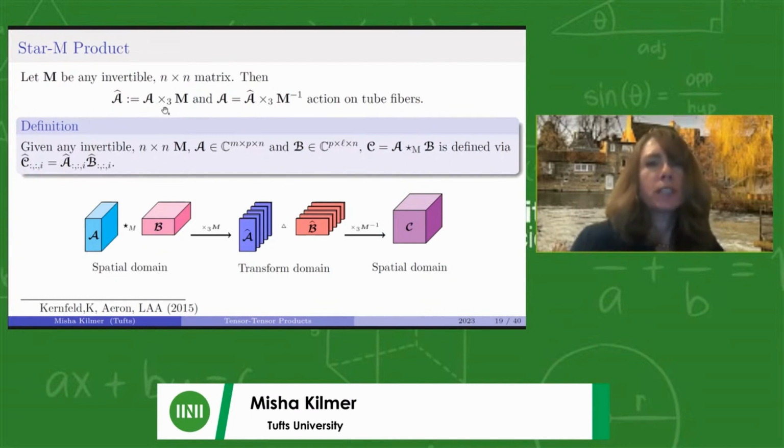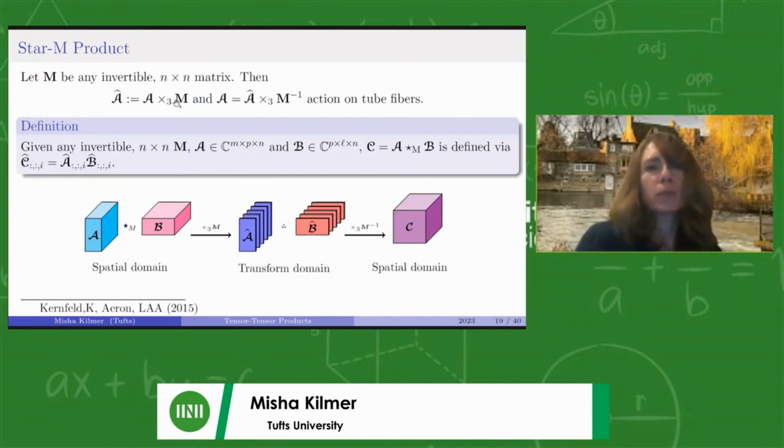So this notation with the times and the 3 subscript, that's called a mode 3 product. And what it means, although we compute it differently in practice, but mathematically, the way you can think about it is a tube fiber, which is basically a vector of length N into the board.